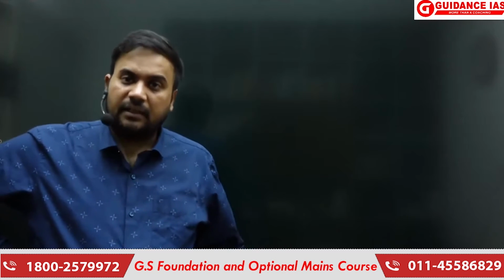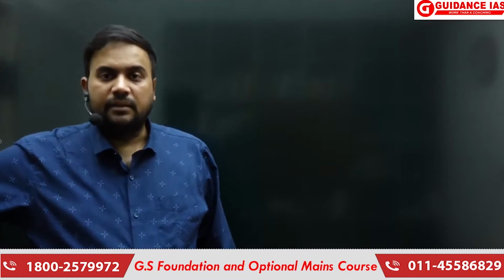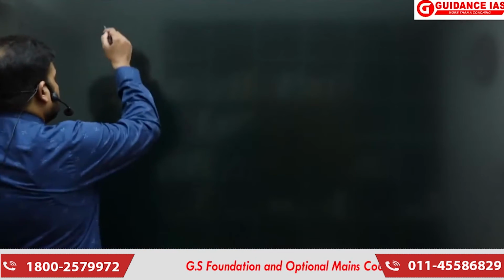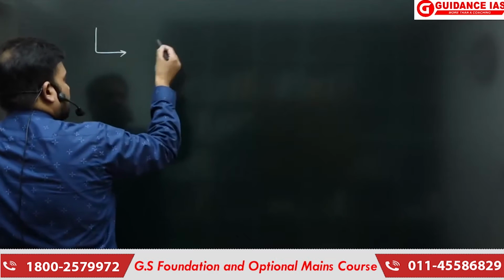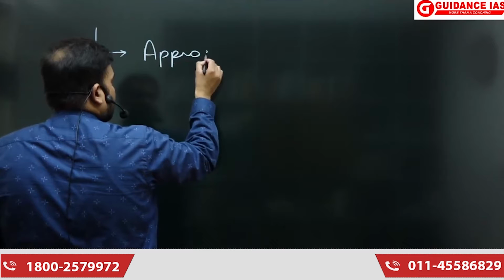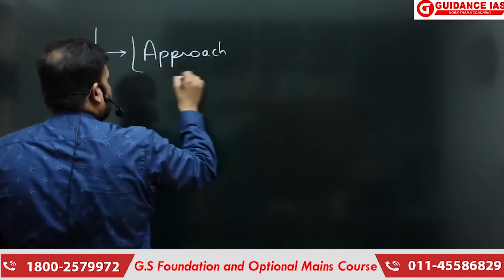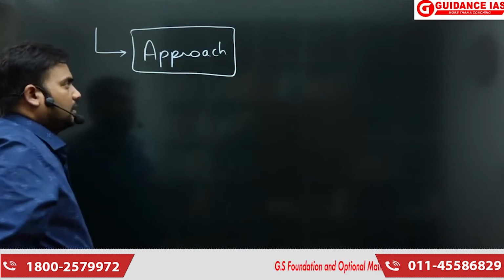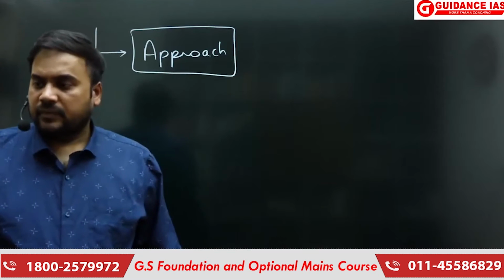That means besides content, there are other things which are also needed. So what are those things? Here a very important factor becomes the approach that you are taking in your answer.